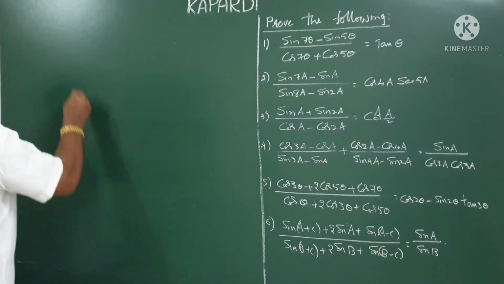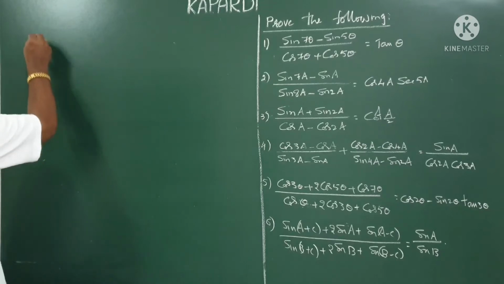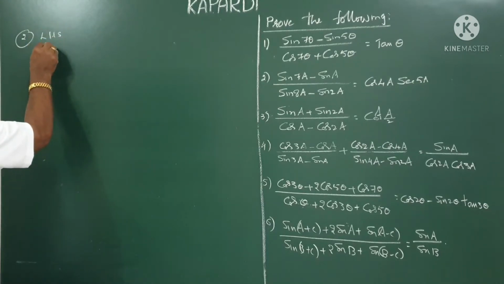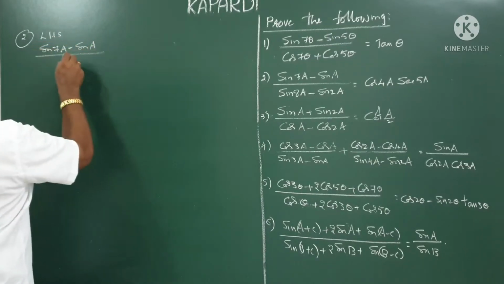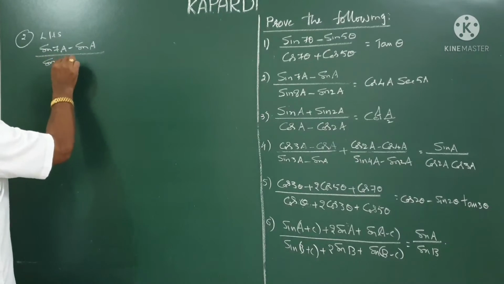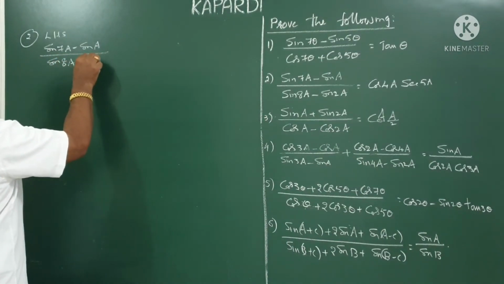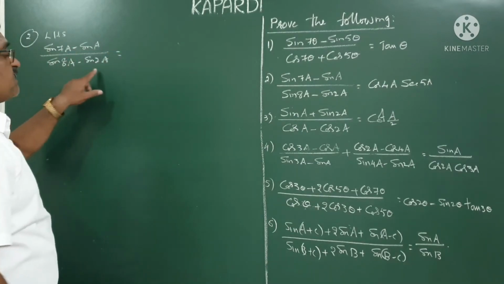Next question, I don't spend that much time on the second question. Left hand side: sin 7a minus sin a by sin 8a minus sin 2a. This is sin c minus sin d, this is also sin c minus sin d.